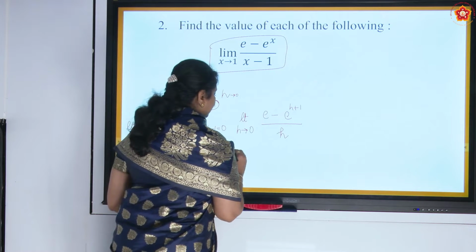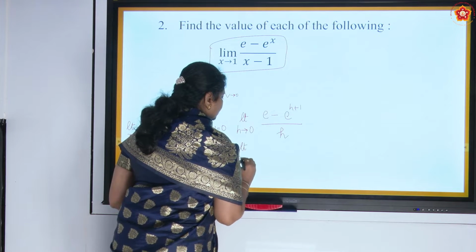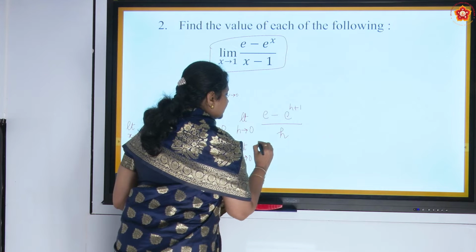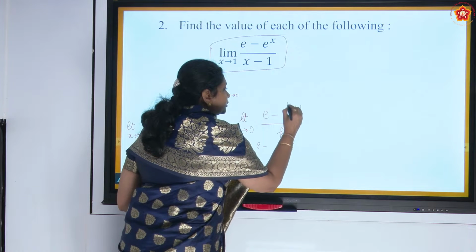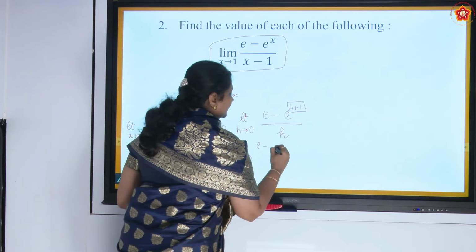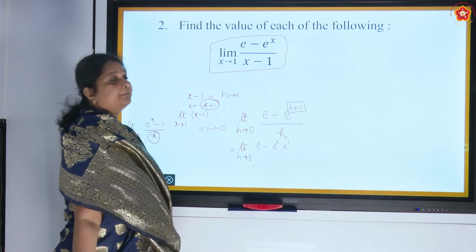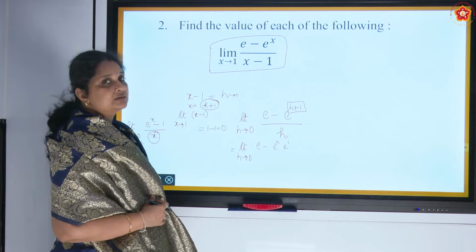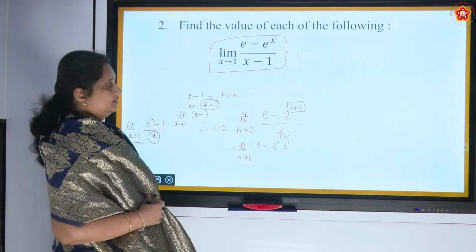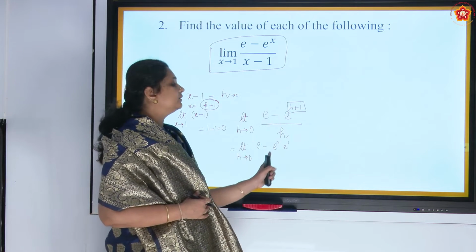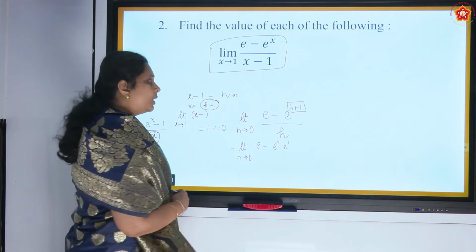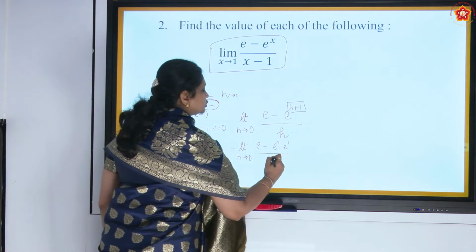So now how do I rewrite this? This is nothing but e minus, I'm going to use the exponential law here. When I multiply two exponents of the same base, I add up the power, right? So e power h plus 1 can be rewritten as e power h into e power 1 by h.